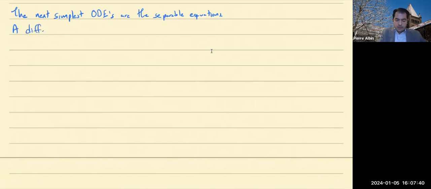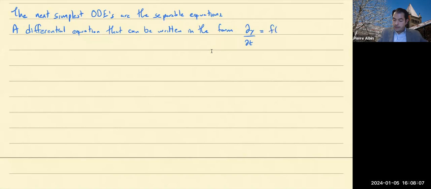A differential equation that can be written in the form dy by dt is equal to f of y times g of t is called a separable equation.